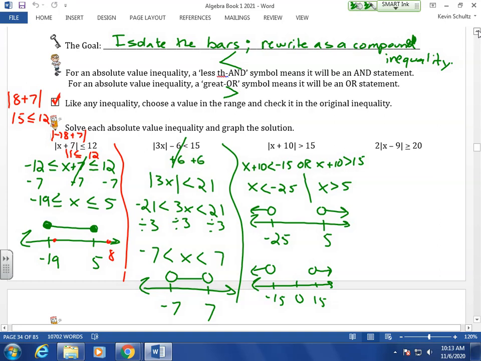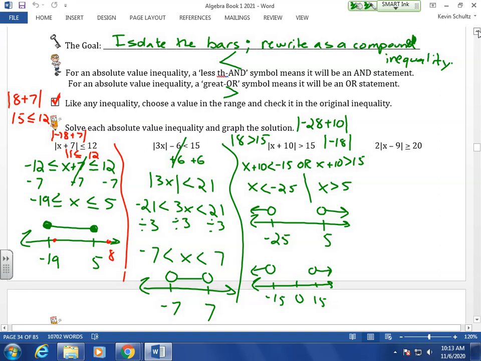So if we plug that in here, just so we can see it, negative 28 plus 10 gives us the absolute value of negative 18. Is negative 18 further than 15 from 0? Yes. The absolute value of negative 18 is positive 18, which is greater than 15.